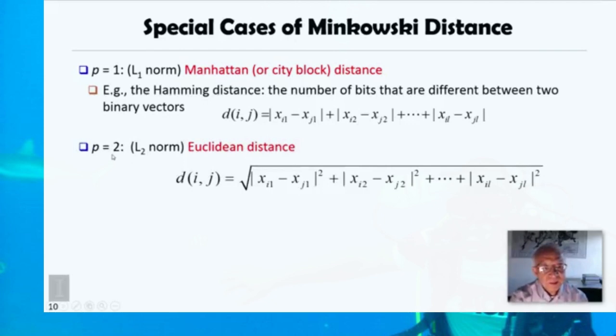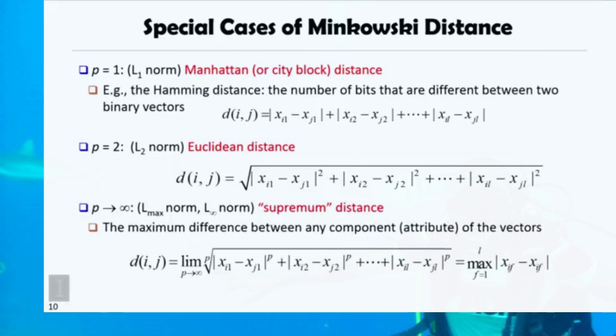Then if p equals 2, it is also called the L2 norm, the Euclidean distance, defined in the typical way like this. This is a very familiar one, I think, for everyone. Then if p goes to infinity, we're dealing with the L infinity norm or L max norm. This is also called Supremum distance, defined as the limit as p goes to infinity.